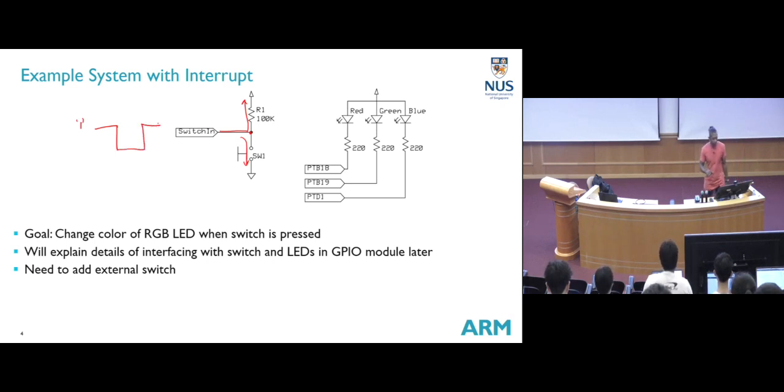So it creates a sort of negative transition when I press the switch, and then it goes back up again. As we have seen before in EBP2, the mechanical switch is never so nice. Whenever you press, there is always a bounce before it stabilizes, which means there will be a lot of false triggers generated.